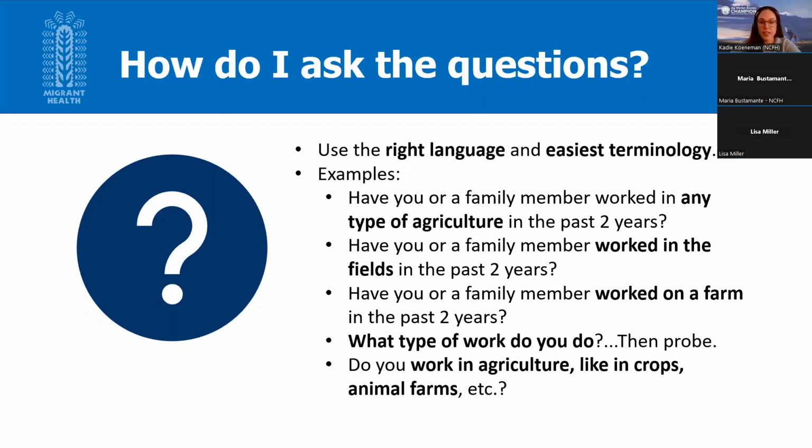So the next few slides outline some approaches and strategies for asking the verification questions effectively and how to navigate if a patient might be reluctant to answer the questions, and general tips and strategies. So when asking the verification questions, it's important to practice cultural competency and cultural humility, as well as using the correct language and the easiest terminology for understanding.